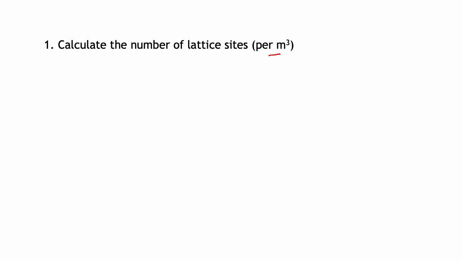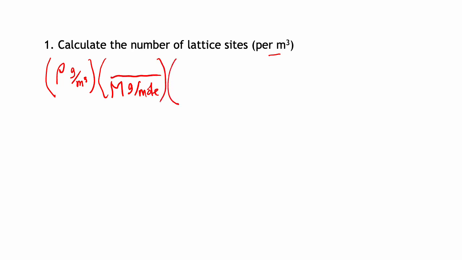So if I take density, in grams per cubic meter, now I have grams per cubic meter, but I need atoms per cubic meter. So I take 1 over the atomic weight, in grams per mole, and then multiply by Avogadro's number, atoms per mole.